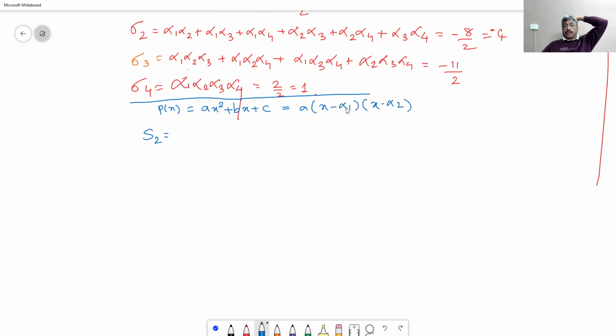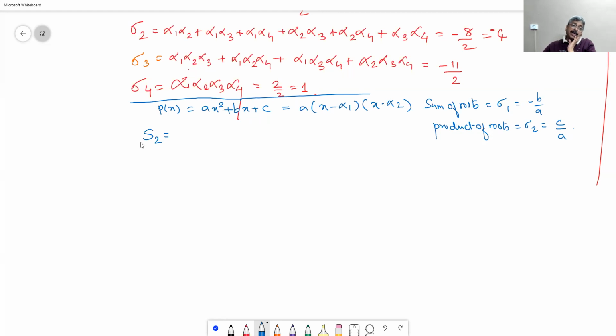So it has got two roots, alpha 1 and alpha 2. So what is the sum of the roots? Minus b by a. What is the product of the roots? c by a. Sum of the roots is sigma 1 is equal to minus b by a. Product of the roots, sigma 2, is equal to c by a. In case of quadratic, this is what is true.